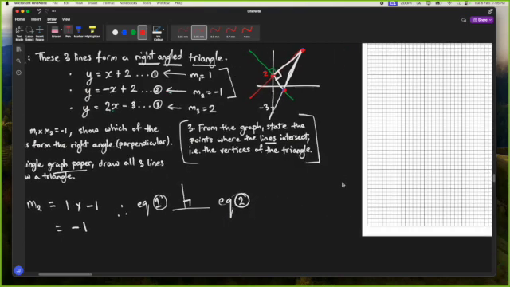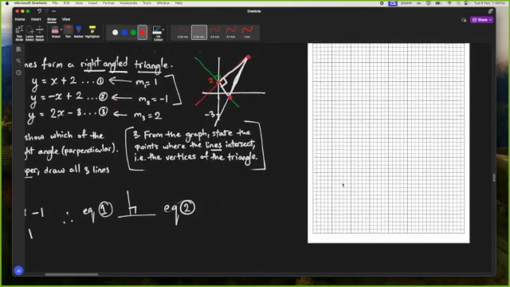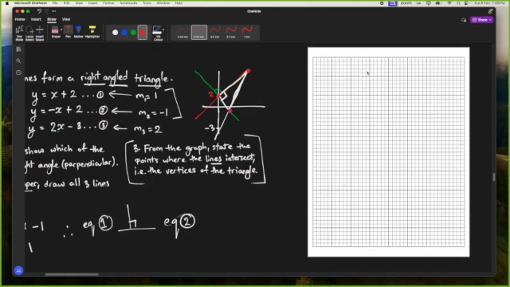So let me see what we're going to do here now. We have to draw these 3 lines on our graph. From the sketch, I can see what I want my graph to look like. I need a little bit of the negative portion, but most of my triangle will be in the positive portion. So I'll need up to minus 3. I'll put minus 3 on the bottom, minus 3 here.